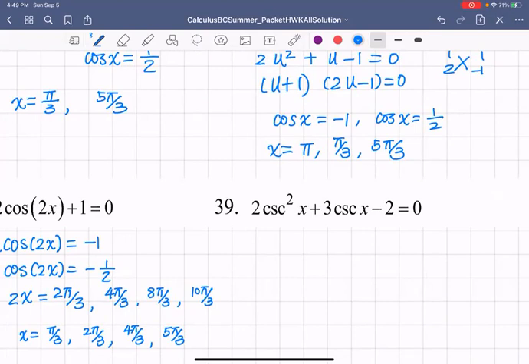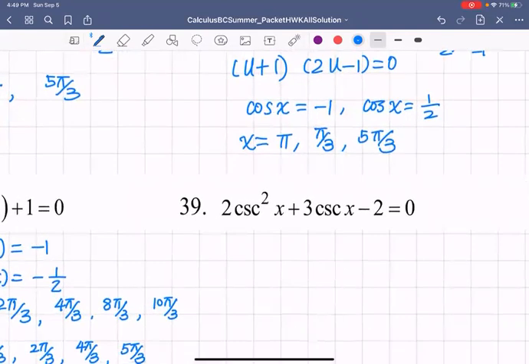Ling Lu, let's do 39. Yes. Okay. Could I substitute cosecant for a variable? Sure. Go ahead. Plus 3u, and then minus 2 equals 0.